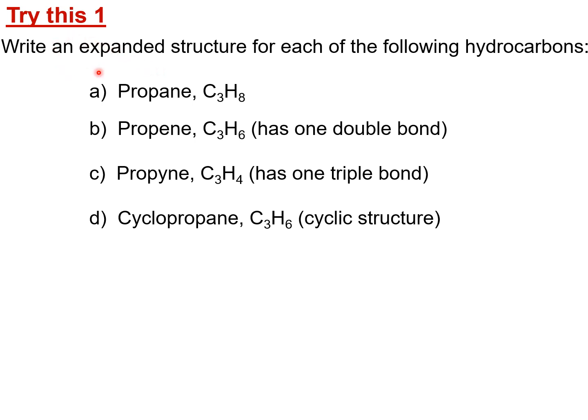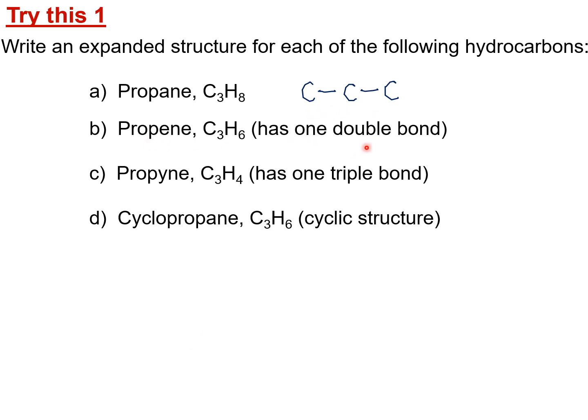Okay, so you bolehlah cuba draw expanded structure for each of these following hydrocarbons such as propane, propene, propyne and cyclopropane. Okay, kalau propane C3H8, that means dia ada 3 carbon atom and all of them must be a single bond.